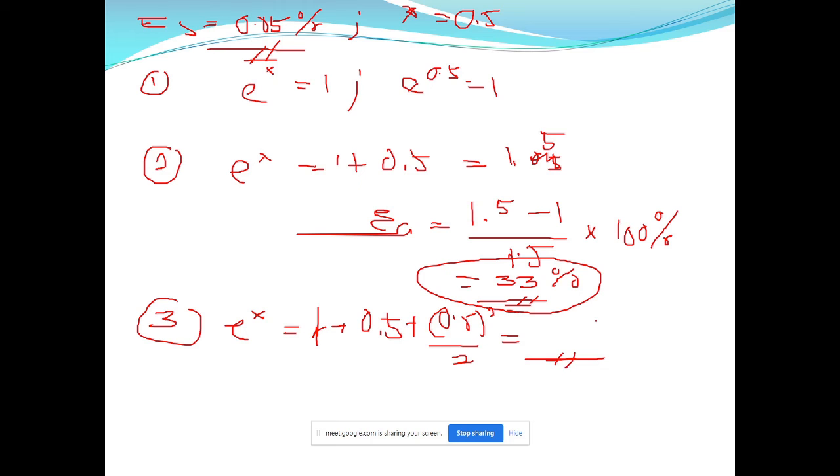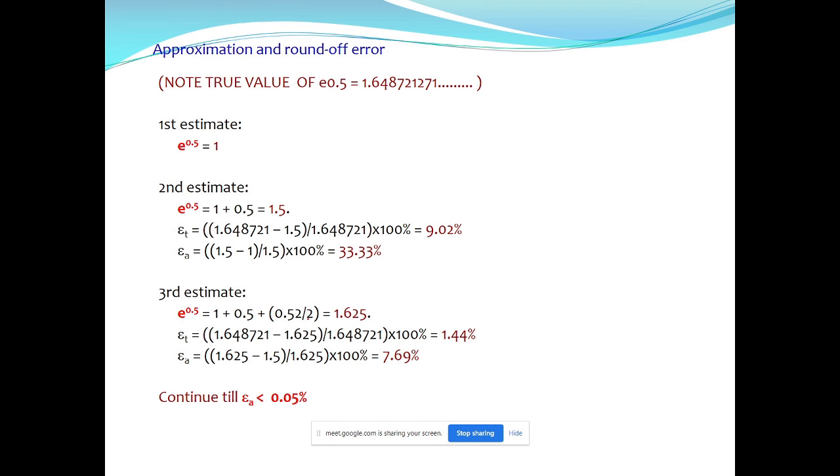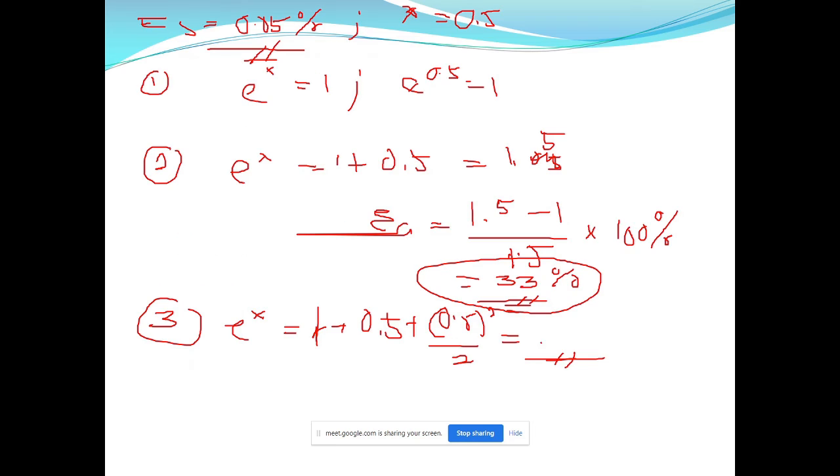Saya tak ada kalkulator, saya tiru je jawapan. Macam ni. Dapat 1.625. Nanti minggu depan kamu bawa ni, kamu kena kira tau. Ni sebab ada jawapan, senang.